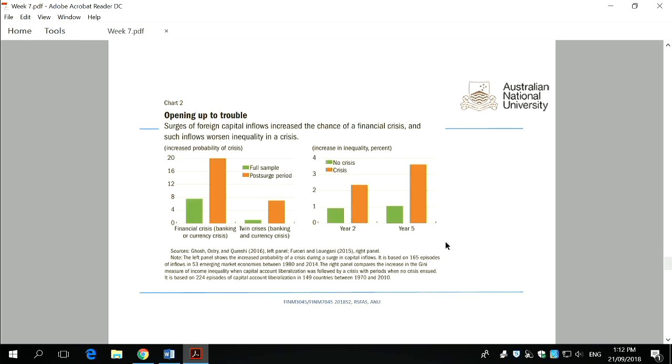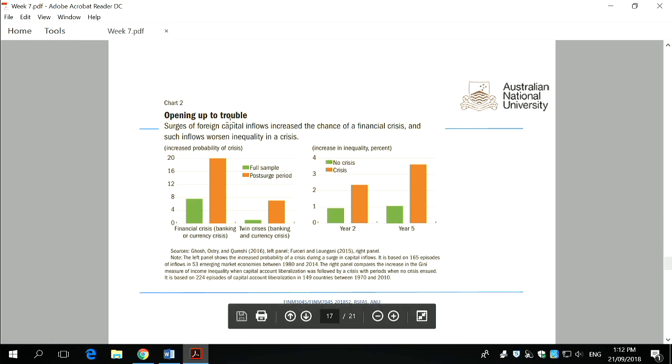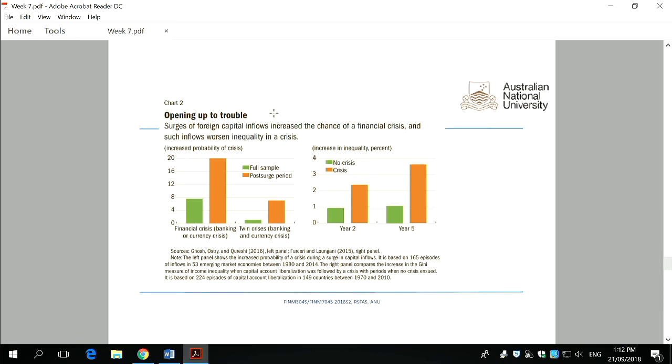So on many countries, their experience of opening up the capital account became opening up for troubles, right? This shows the surge of foreign capital inflows increases the chance of financial crisis, and such inflow worsens inequality in a crisis. This shows the probability of crisis in different time periods.